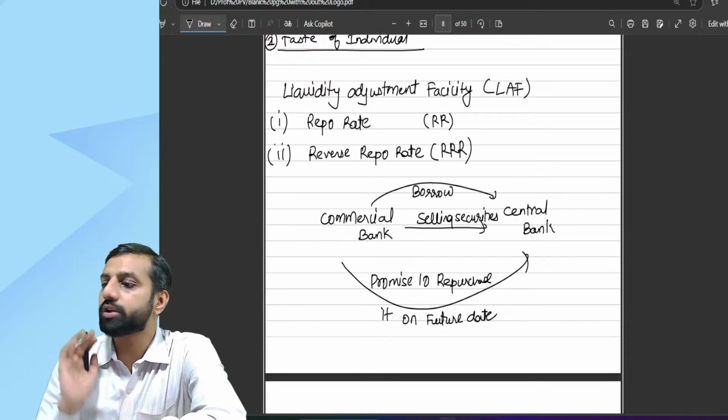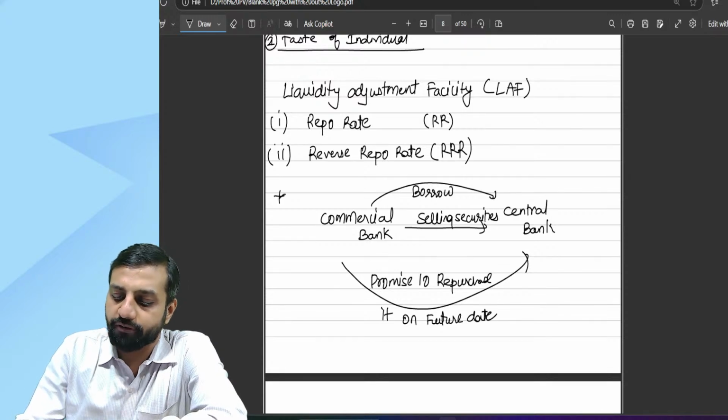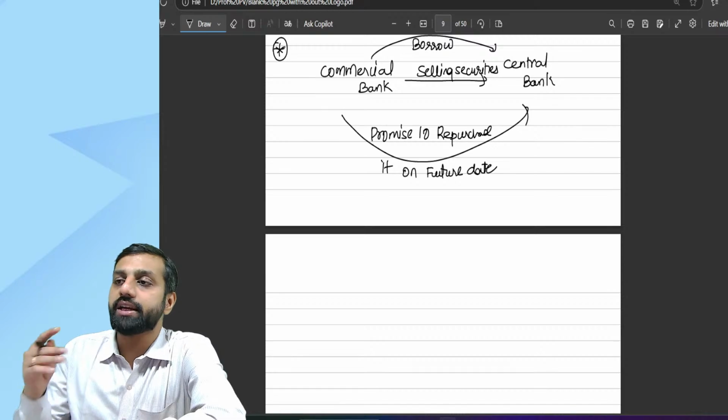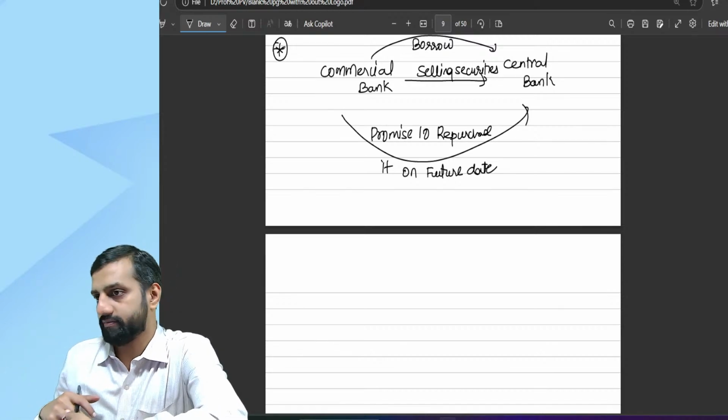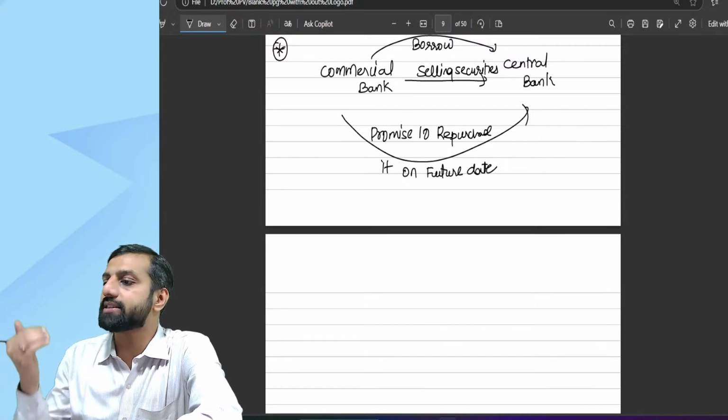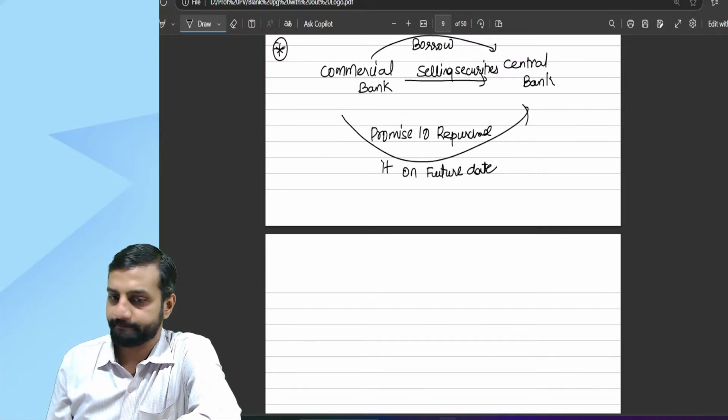Are we clear, Surya? So this is the concept of repo rate. If there is inflation in the economy, repo rate needs to be increased. If repo rate increases, then automatically the money supply will decrease.